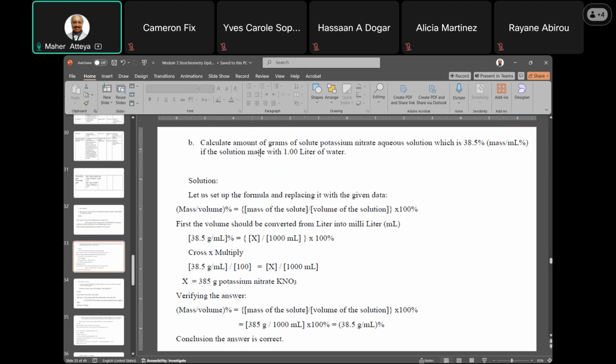will be calculate the amount of grams. Now we have, remember, this is always, I mentioned this one in the class. Remember this all the time. I said mass over the volume percentage, correct? That's the law here.